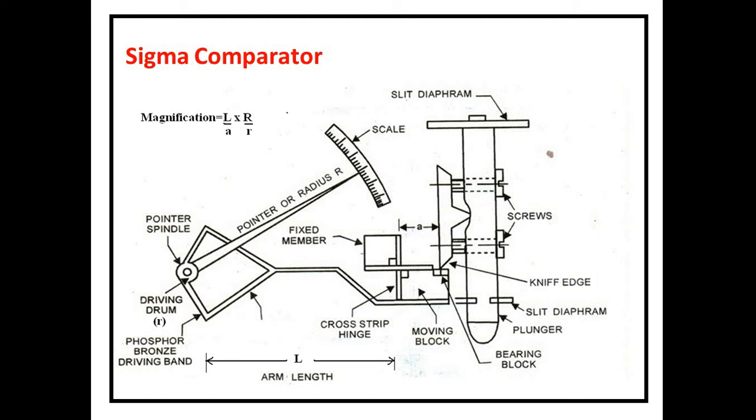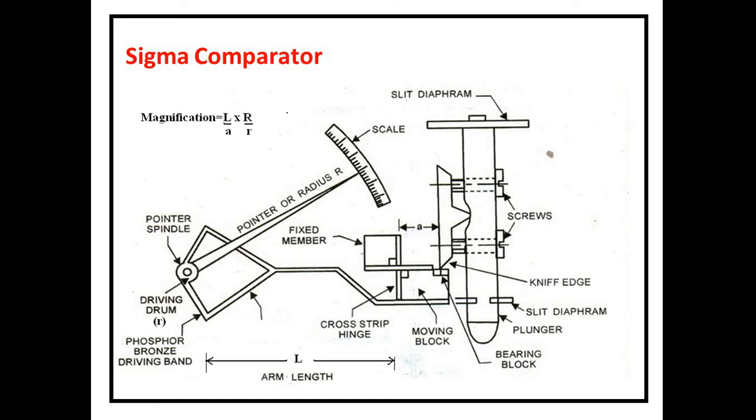So here, as you can see, this plunger is moving through this slit diaphragm, which is also called a slit washer. What is the function of this slit diaphragm?